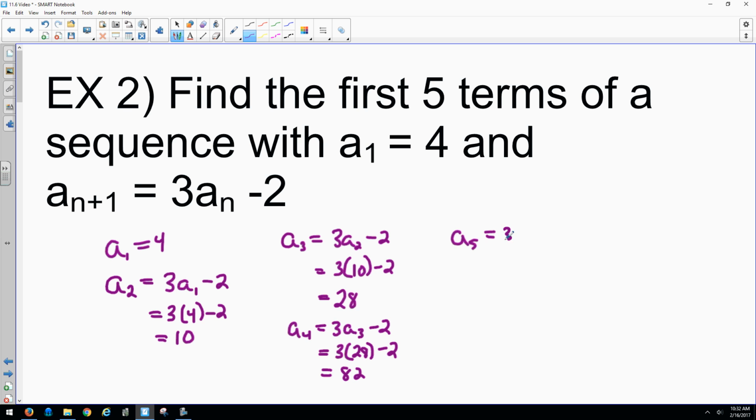And the last term, the fifth term relies on the fourth term. So the first 5 terms in this sequence is 4, 10, 28, 82, and 244.